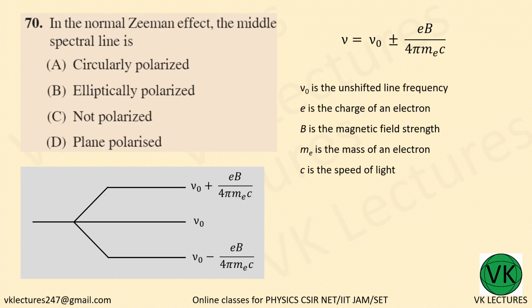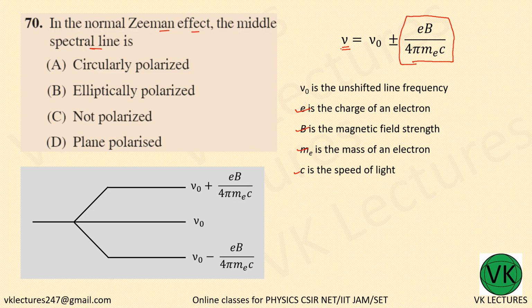Question number 70. In a normal Zeeman effect, the middle spectral line is nu naught. Now the Zeeman shift, that means the shift in the frequency, is given by this particular term, that is eB divided by 4 pi m_e c, where B is the magnetic field, e is the charge of electron, m is the mass of the electron, and c the speed of light.